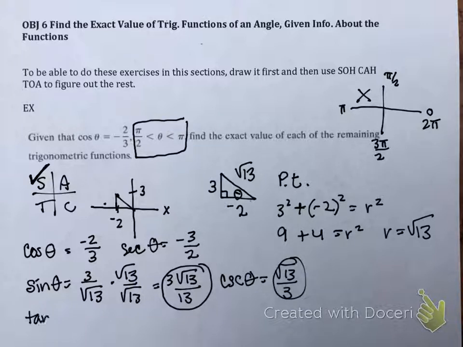And then tangent. Tangent is opposite over adjacent, so that's going to be 3 over negative 2. And its reciprocal function is cotangent, which is negative 2/3. So I just found all 6 trig functions based on the given fact and based on the stipulation. So when you do these, it is important to know what quadrant you're in and which functions are positive and negative therein. Okay, and that's the end.